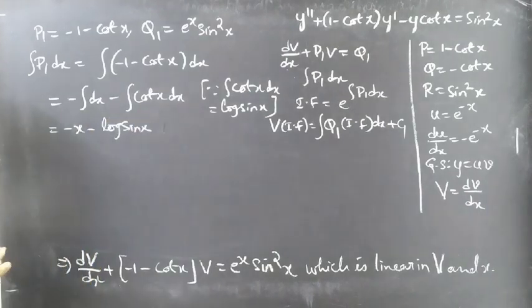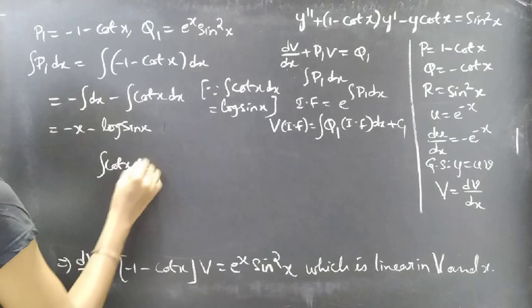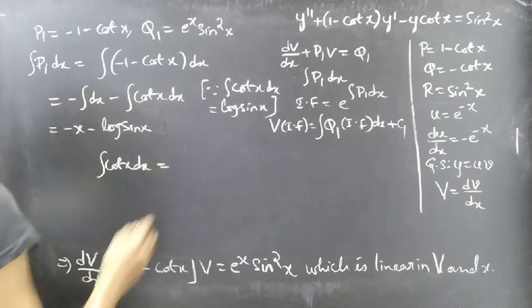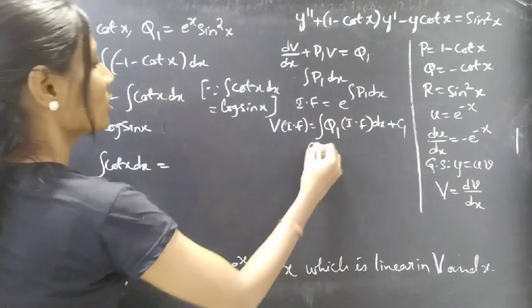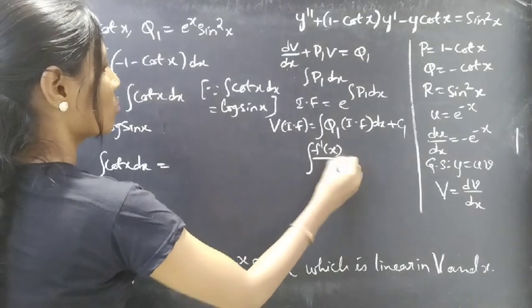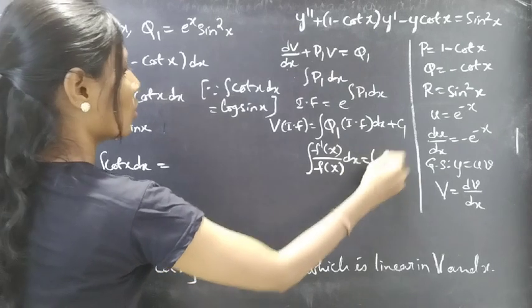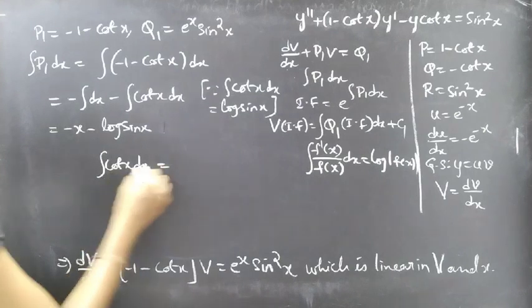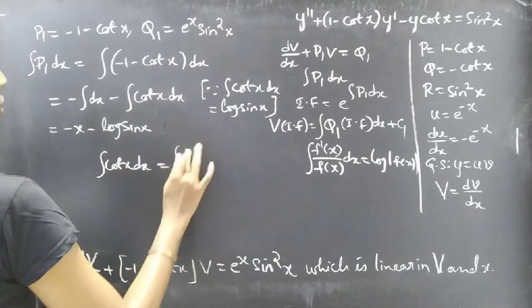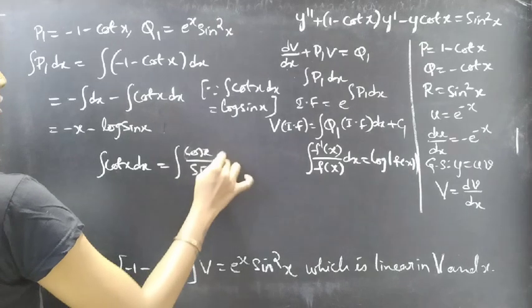See, if you are not that good at remembering the formulas, you can just find integral cot x dx using the formula integral f dash of x by f of x into dx, which equals log mod f of x. We can write cot x as cos x by sin x.